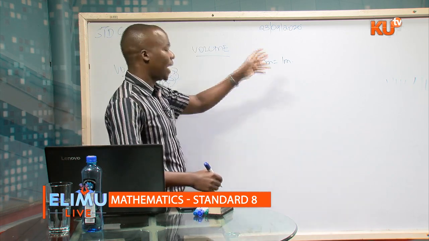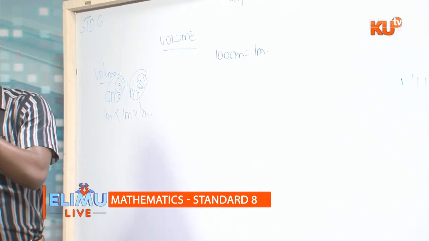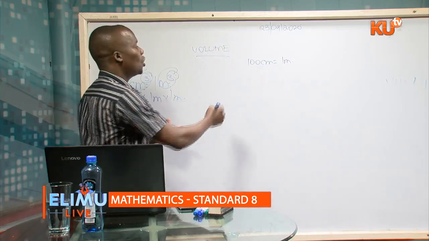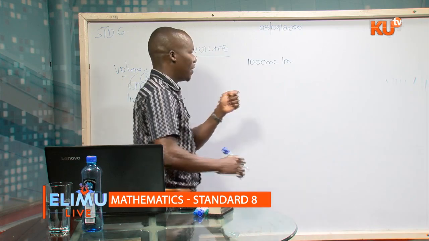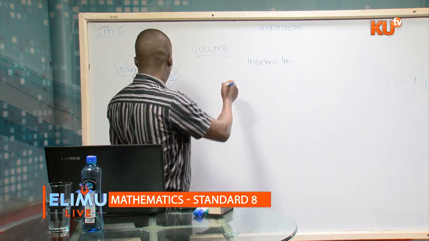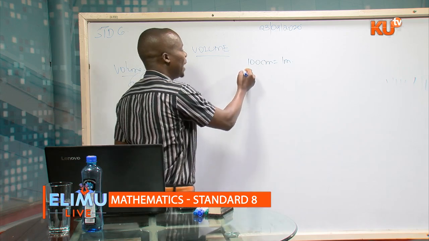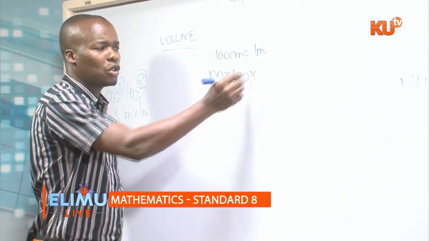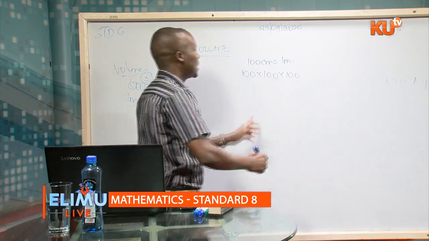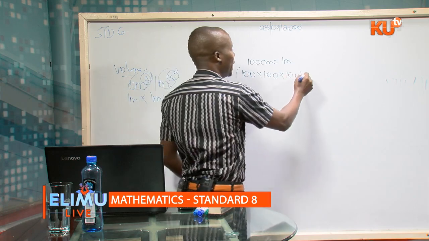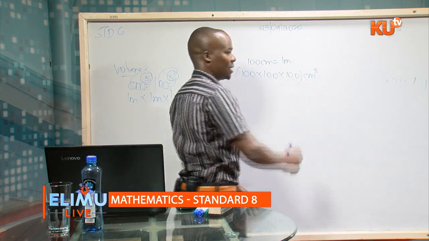So for cubic to be obtained, we will multiply 100 by 100 by 100. Remember, it has been multiplied 3 times. So this gives us the cubic centimeters.